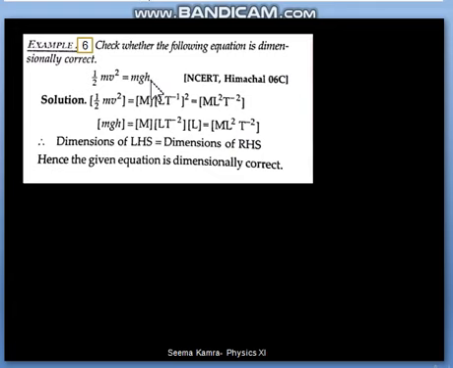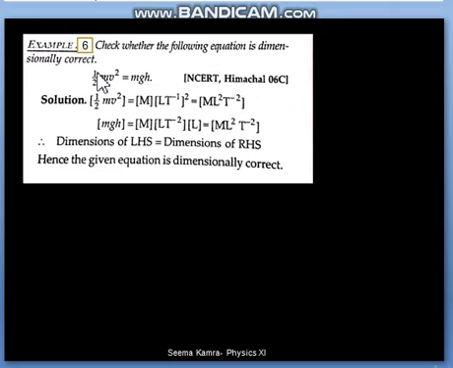Now you notice one thing, that even if the question were given 1 by 3 mv square equal to mgh, then also you will write that this formula is dimensionally correct, because this fraction is correct or not in the formula, that you can never check using dimensional analysis.